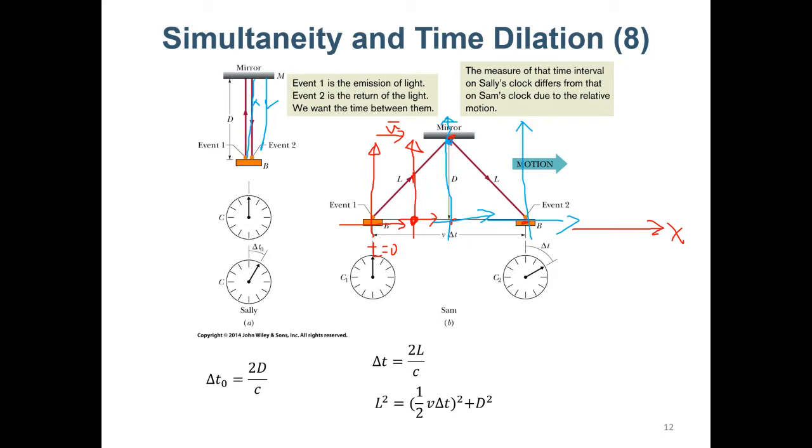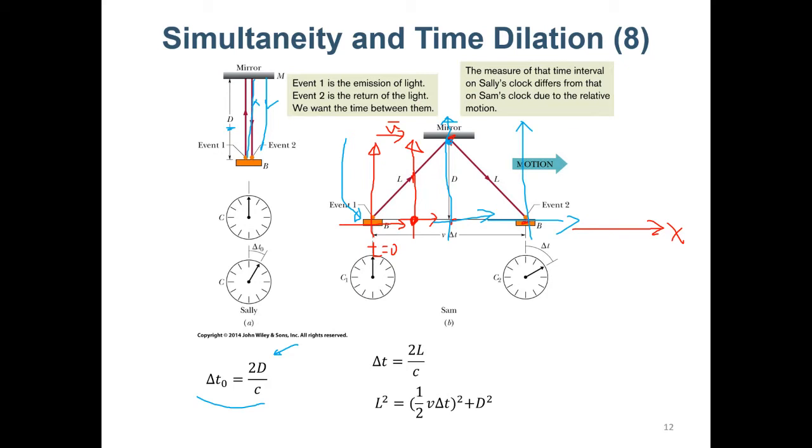So for the object, or for the moving inertial reference frame, the distance the light moves is 2D. So we have 2D here.